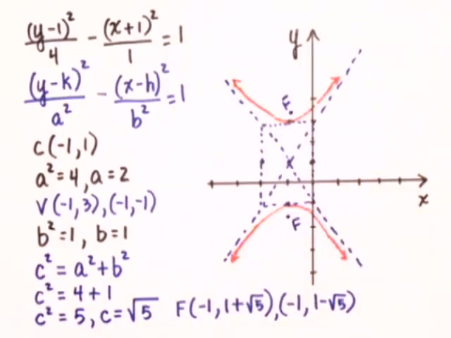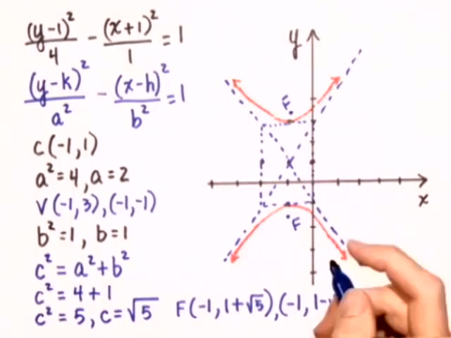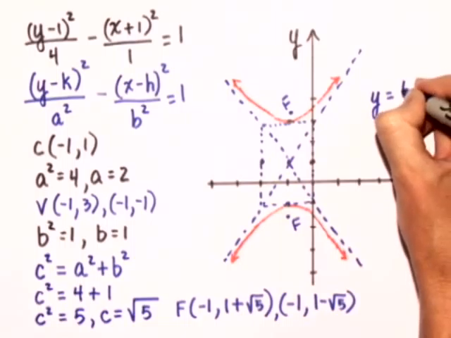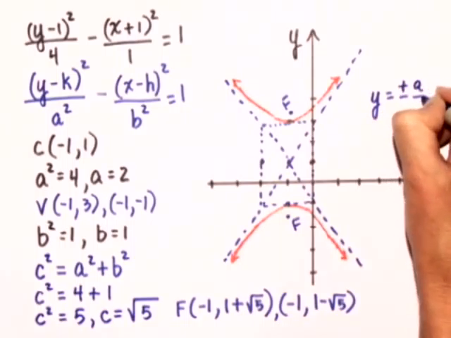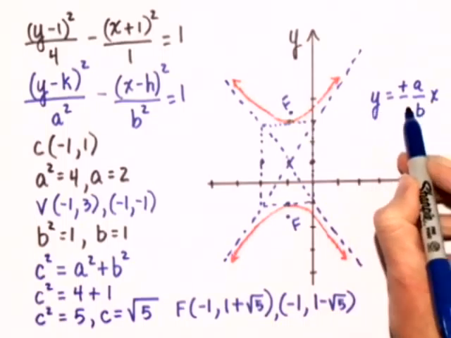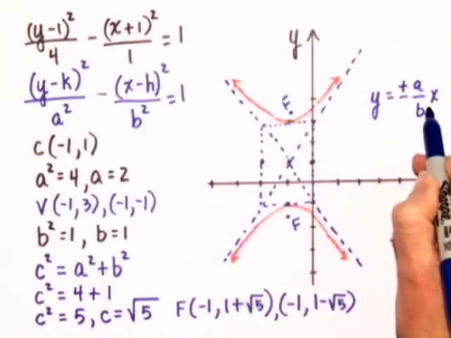We have one more thing to do when dealing with hyperbolas. We want to come up with the equation of the asymptotes. For a hyperbola with the y-squared term first, the equation of the asymptotes are of the form y is equal to plus or minus a over b times x, and we simply need to shift according to the center.